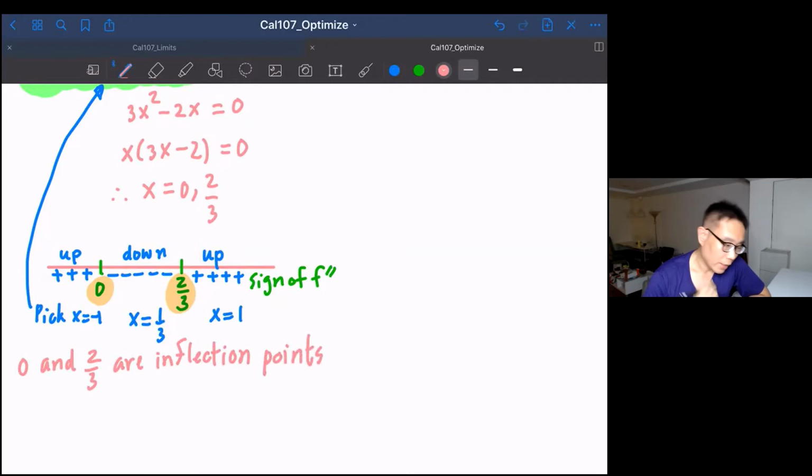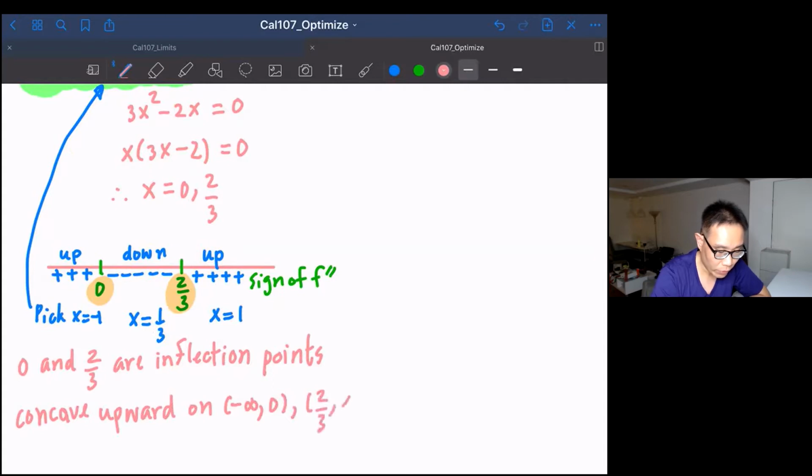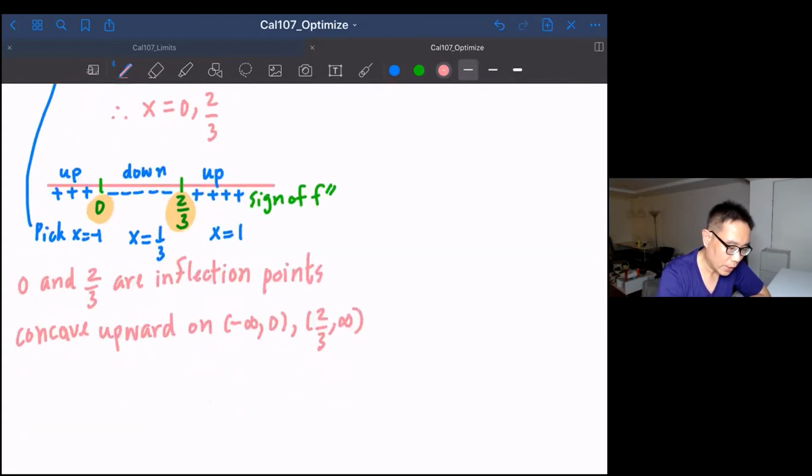It is concave up on negative infinity to 0 and on 2/3 to infinity, and it is concave downward on 0 to 2/3.